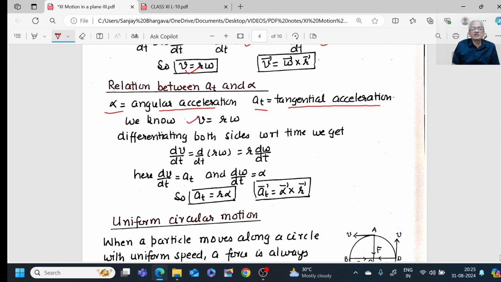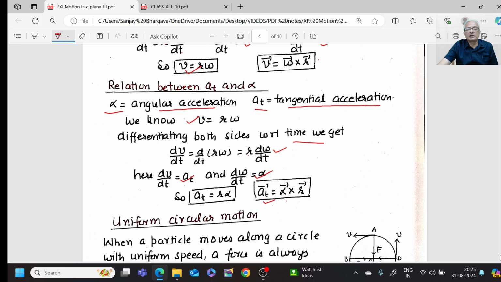Differentiate both sides with respect to time, we get dv by dt would be equal to d by dt of r omega. R is a constant, so it can be taken out of the sign of differentiation. So it's written as r into d omega by dt. But what is dv by dt? That is the tangential component. And what is d omega by dt? That is the angular acceleration. So a_t is equal to r alpha. How can we write it in the vector form? It can be written as alpha cross r.